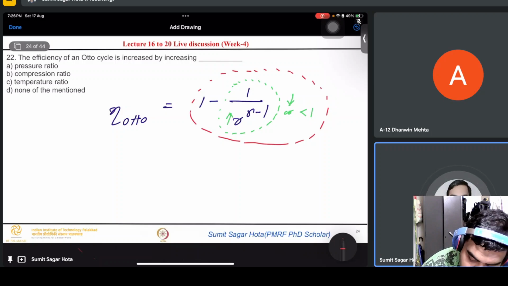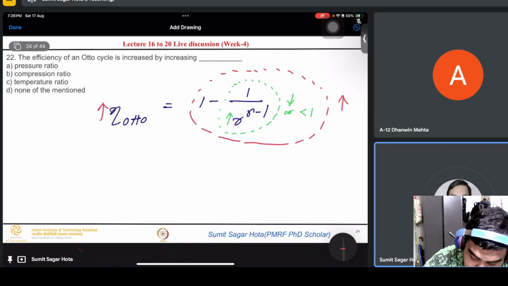That means this whole quantity will increase, which in turn increases the efficiency of the Otto cycle.